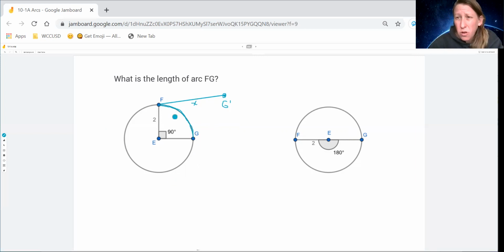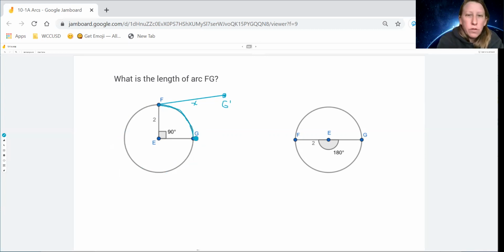The circumference is what you get if you pull the whole circle straight, the distance walking all the way around. So if I can find the circumference all the way around from F to F, then I can find just the length that I want.